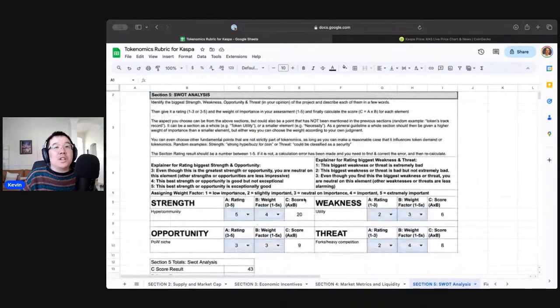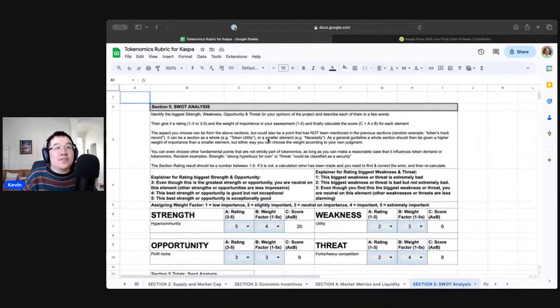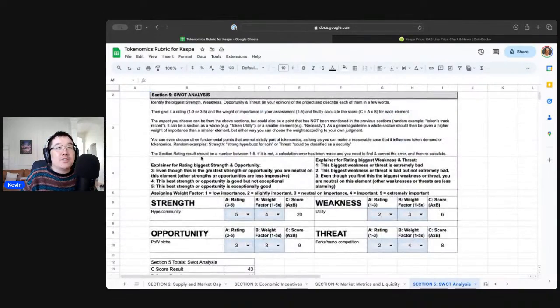Now, SWOT analysis. How many of y'all have heard of this before? So if you're doing this section, you have to read this carefully. And this is going to differ for everyone because this is your own picks for the strength, weakness, opportunity, and threat. Okay? And it doesn't have to be tokenomics.